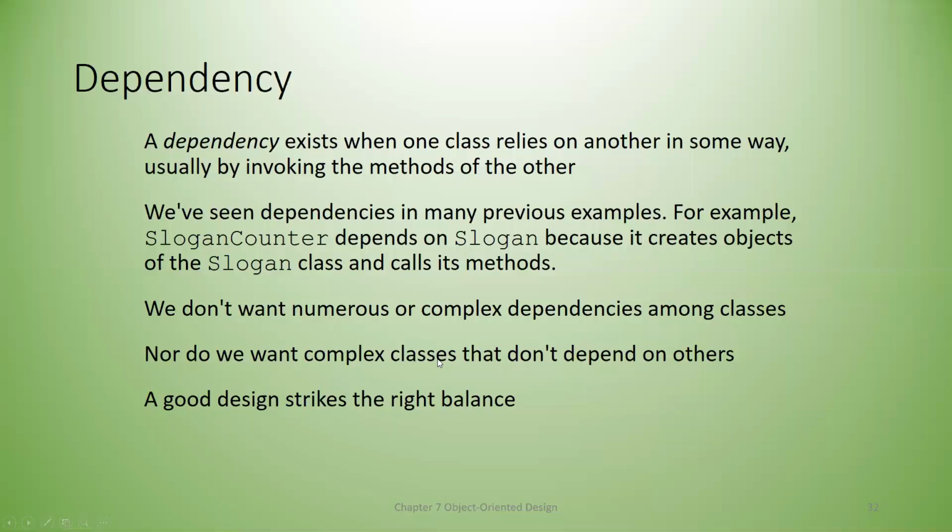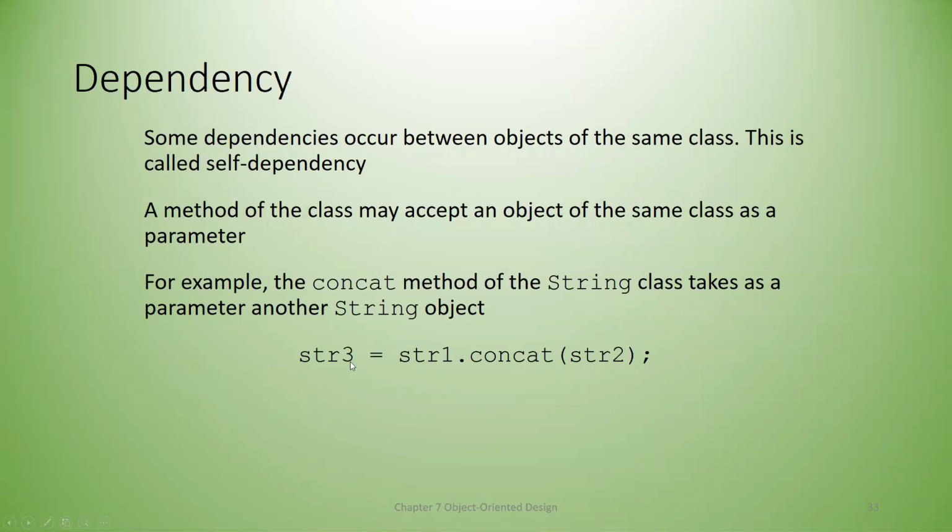Sometimes some classes depend on themselves. For example, the string class depends on itself. If you look at this, this is a string object, and this is a string object, right? String str3, str1, they are string objects. And when you call this method, it depends on the string. So this method is in the string class, and this method needs another string object.